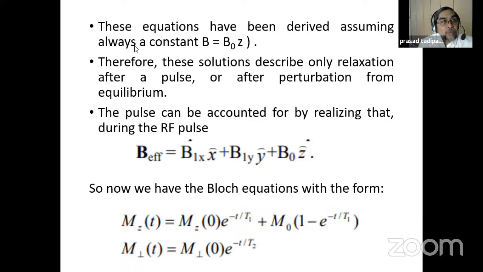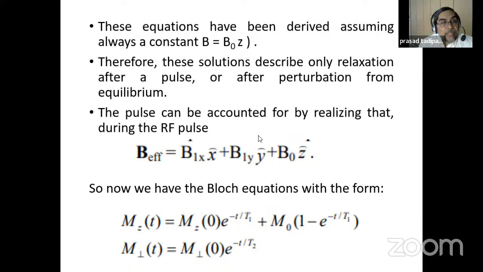Always we have that constant B equal to B naught z. These solutions describe only the relaxation after a pulse, that is, after perturbation from the equilibrium. So first, we are not considering the relaxation. Only after a pulse can you expect the relaxation mechanism to take place.